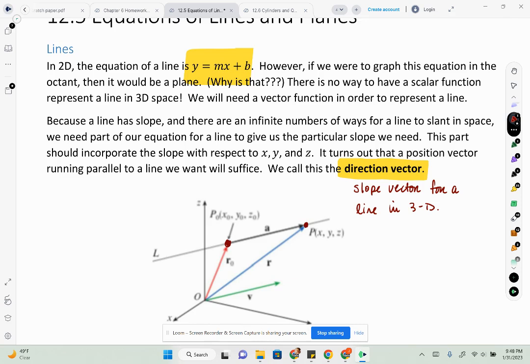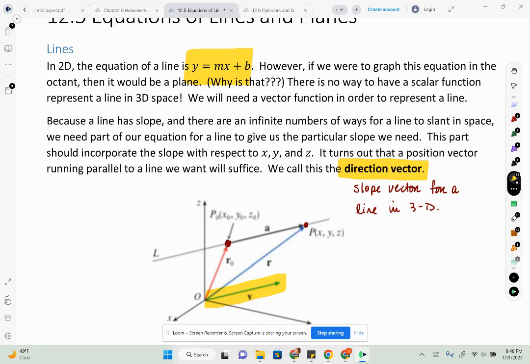Okay. And then the last thing is this v vector right here. I'm going to highlight it because it's going back to the whole direction vector thing. So notice that v, if you compare it to the line L, they are parallel. So v just points in the same direction as our line.